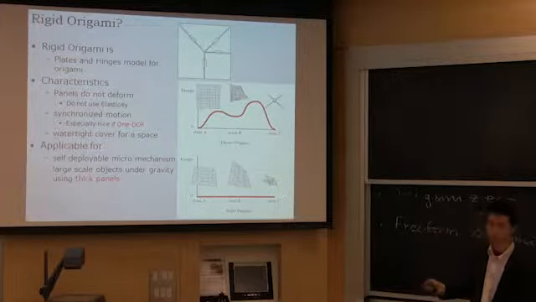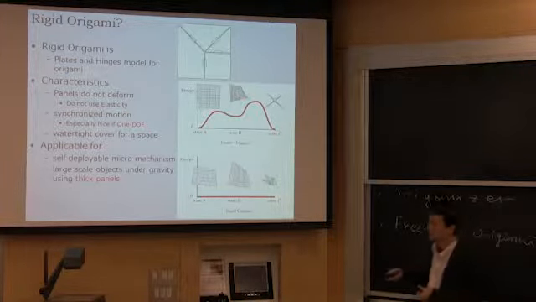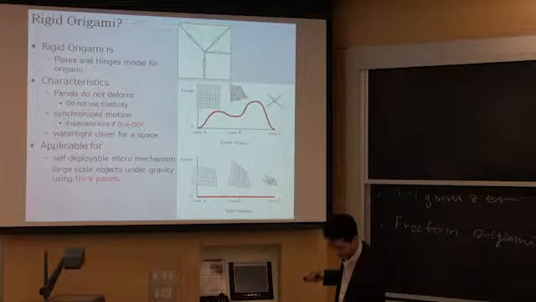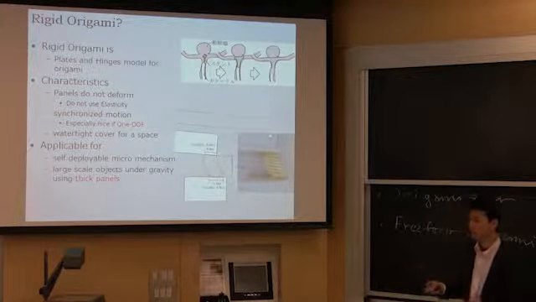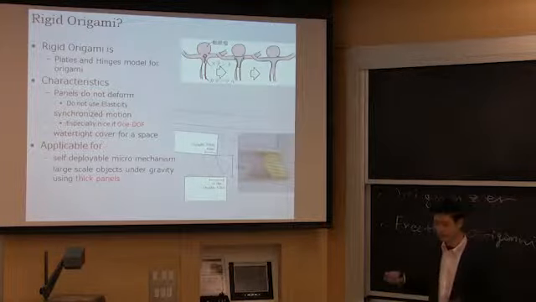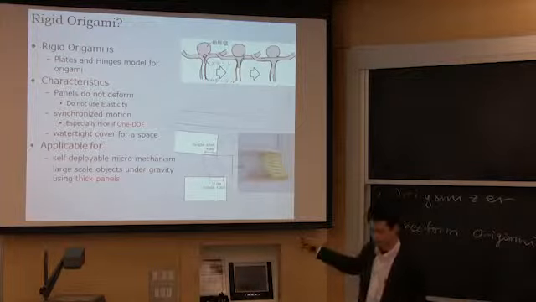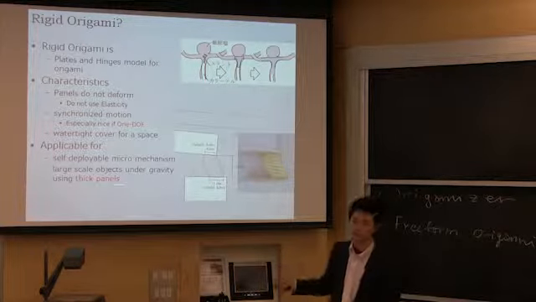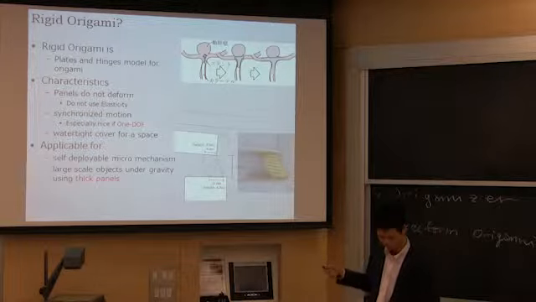But this is rigid foldable, which keeps each of the facets from deforming. And it's useful for self-deployable structures or architectural structures that are very large. You can substitute panels with thick panels. I will talk about that in the last part.